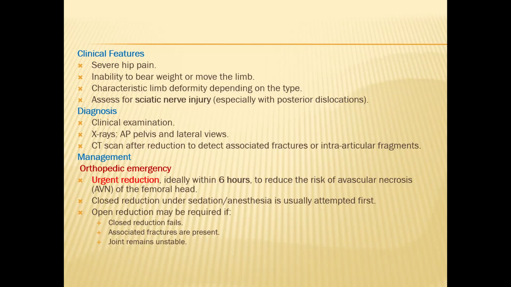If there is any suspicion of fractures, we should do a CT scan, because if any fracture segment is trapped inside the joint cavity, we cannot do the reduction, because hip dislocation or any dislocation is an orthopedic emergency.